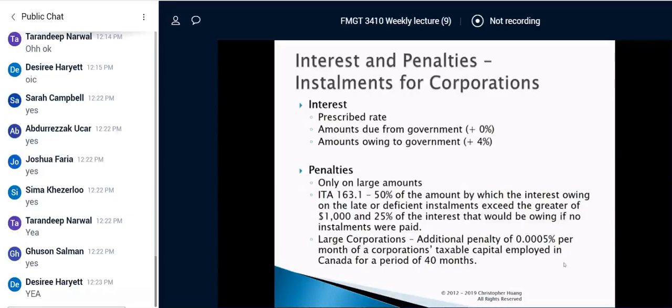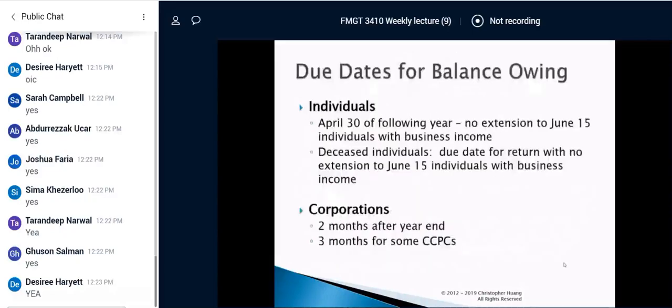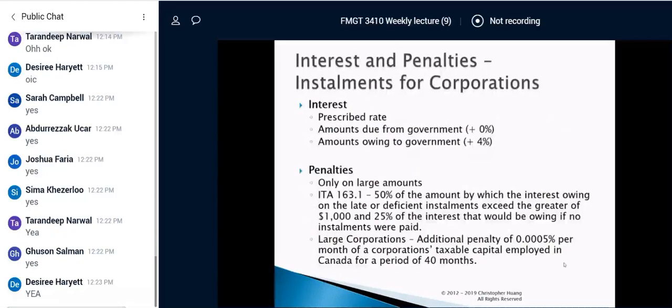If you're a large corp, and they define that based on your taxable capital, then we apply an additional penalty based on the corporation's taxable capital. They'll do that for a period of 40 months. So they basically look at your taxable capital for 40 months, and then they hit you with the penalty. Again, these are just memorization things.